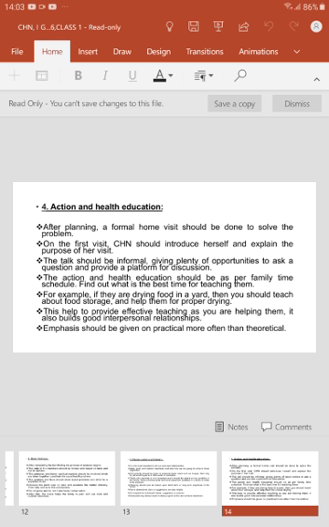An emphasis should be given to the practical more than the theoretical. So what we are telling theoretically should be implemented towards the people. Before that, as a nurse, maintain politeness and a good rapport with those people.